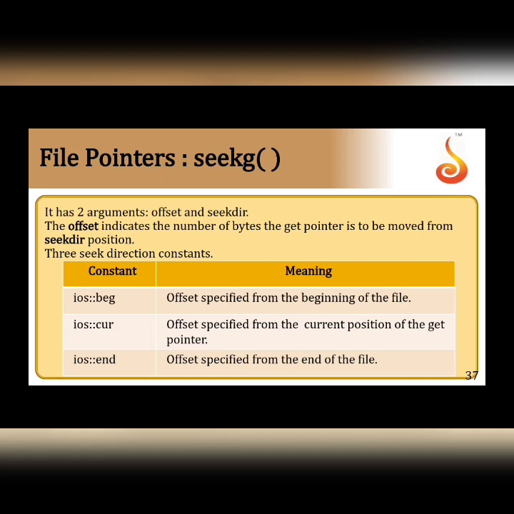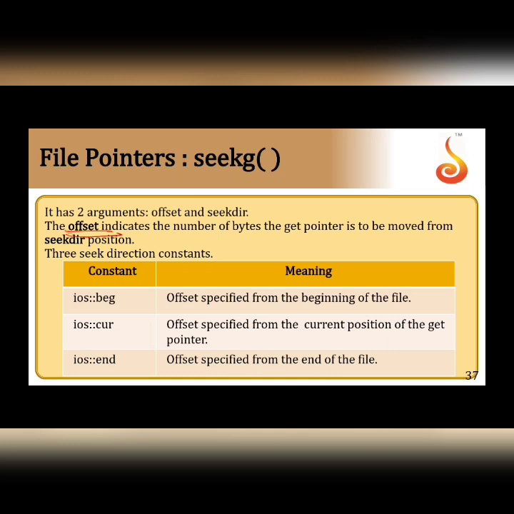So it has two arguments, that is the offset and the seekdir. Offset indicates the number of bytes, like how many bytes I need to move. And the seekdir is the direction. So I can move backwards also. If I give a negative number with the location as end, then it will move backwards that many bytes.